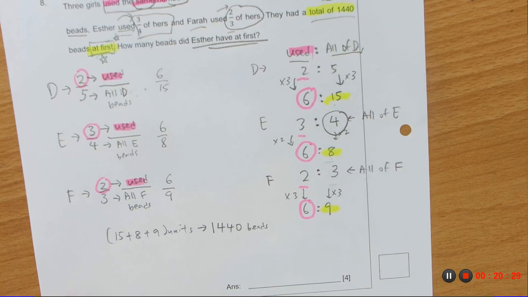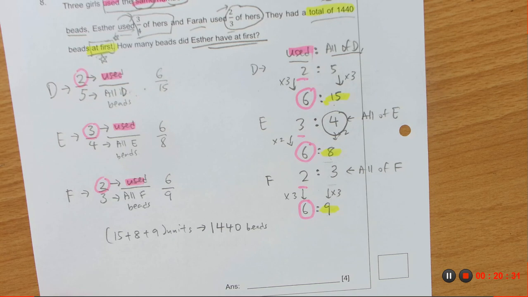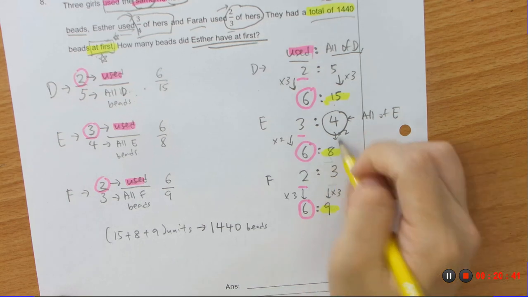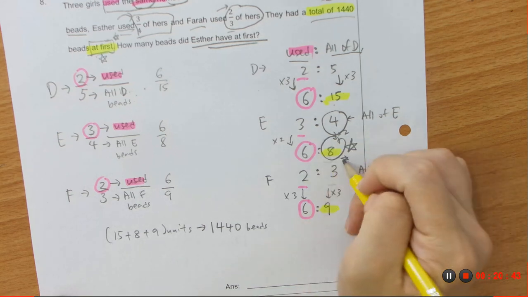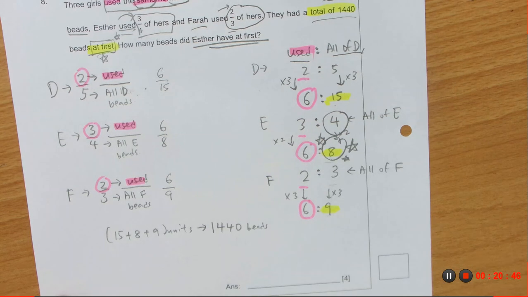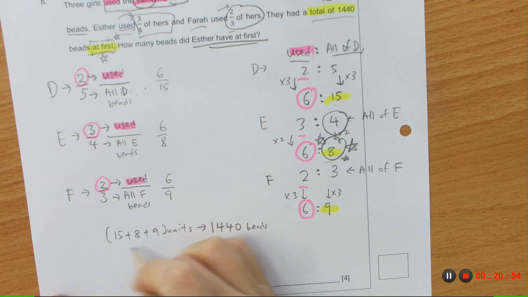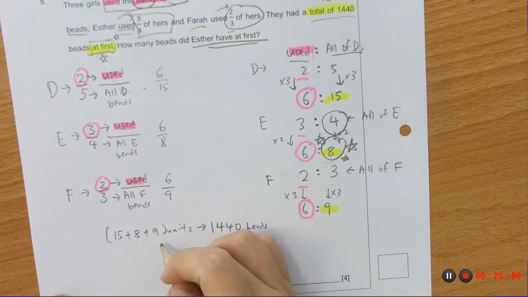In the end, how many units am I supposed to find? That's correct. You're supposed to find 8 units. So 15 plus 8 plus 9 is 32.